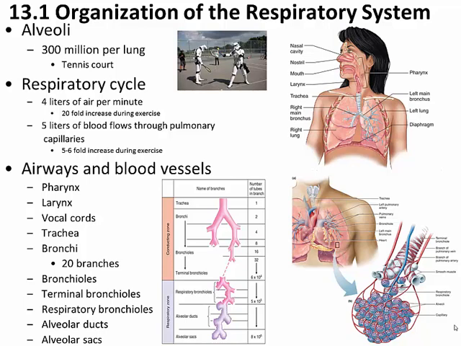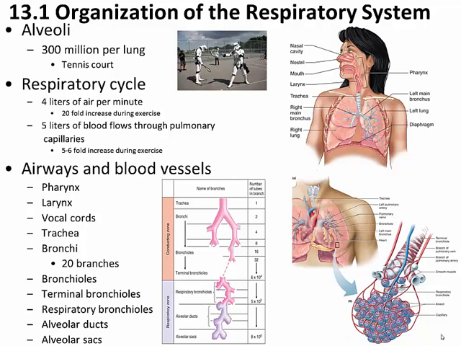In resting conditions, we pull in about 4 liters of air per minute, and about 5 liters of blood flows through pulmonary circulation, through the capillaries that we see in the lower right-hand side of our screen. So 5 liters of blood flows through those capillaries per minute, and gas exchange occurs between the blood and the air. That's the whole purpose of the lungs, of course.